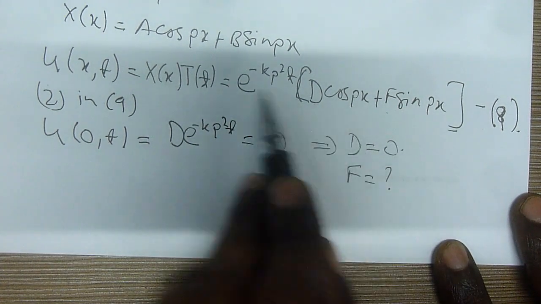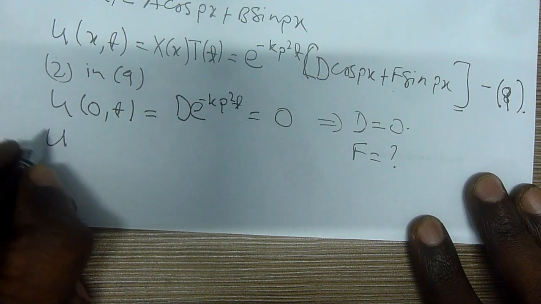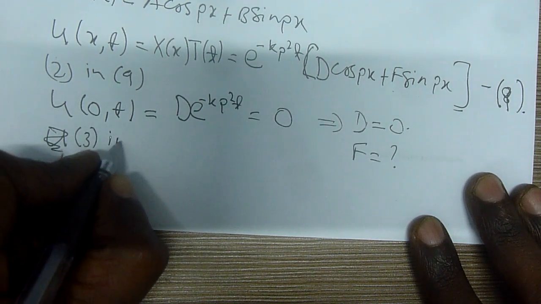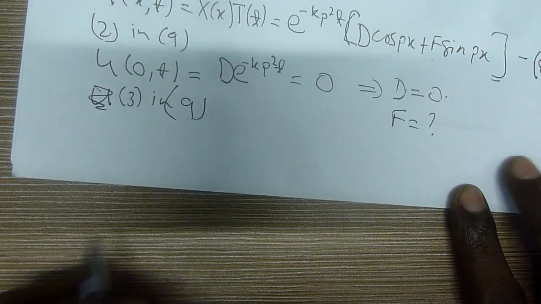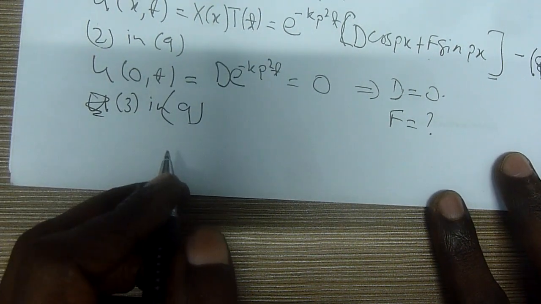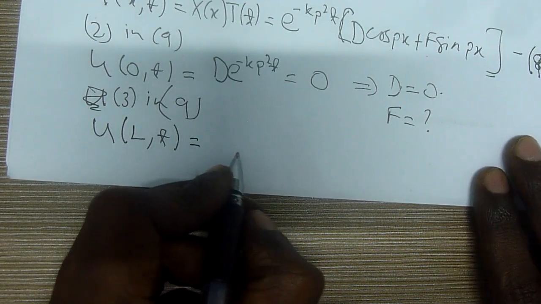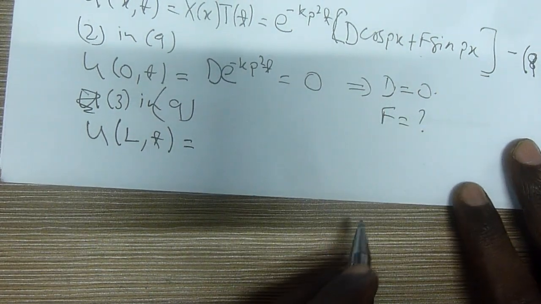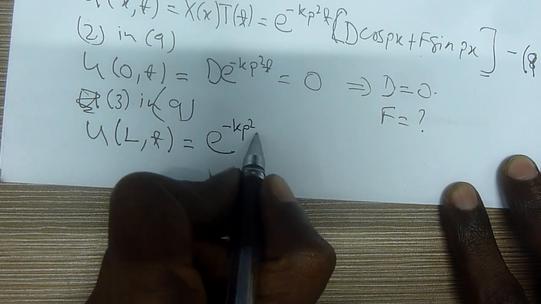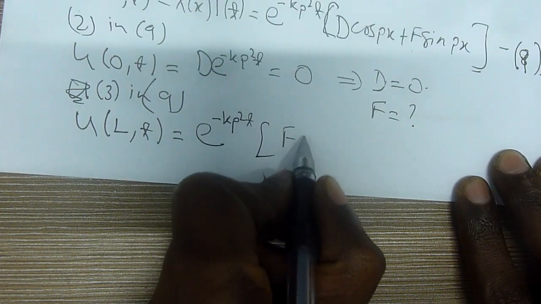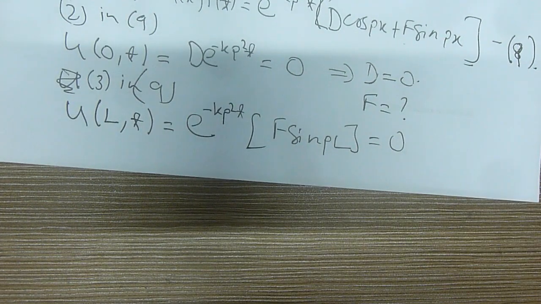If D is 0, we have our new equation. If I use 3 in 9, what you will get when you start doing this is u(L,t), which will give us, since D equals 0, e^(-kp²t) times F sin PL equals 0.